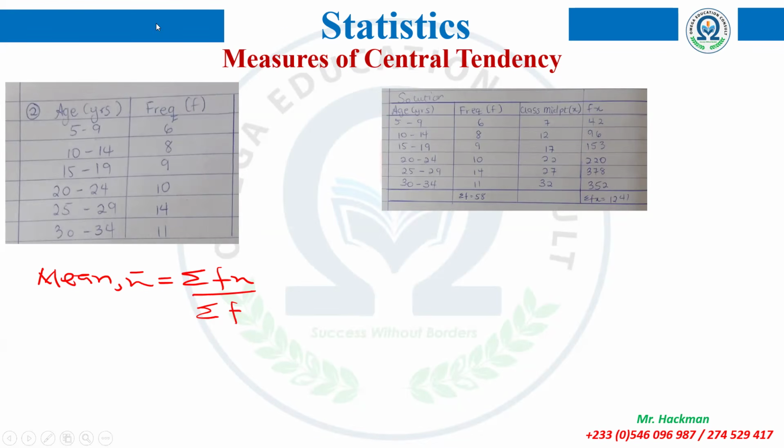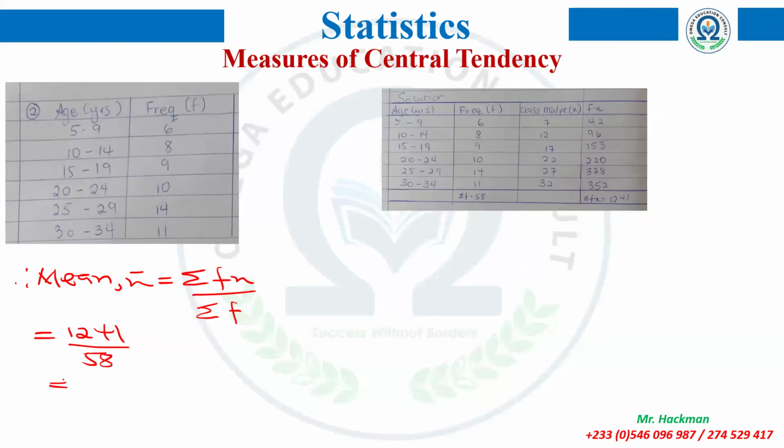Great. On that note, we know how to find the mean from raw, ungrouped, and grouped frequency distribution table. So if you continue, you are going to get this to be equal to sigma Fx, which gives us 1241, all over sigma F, which is 58.